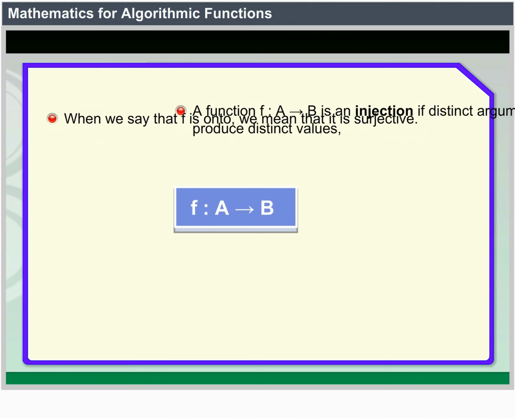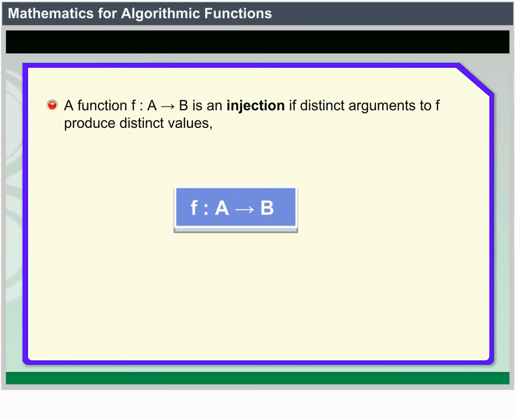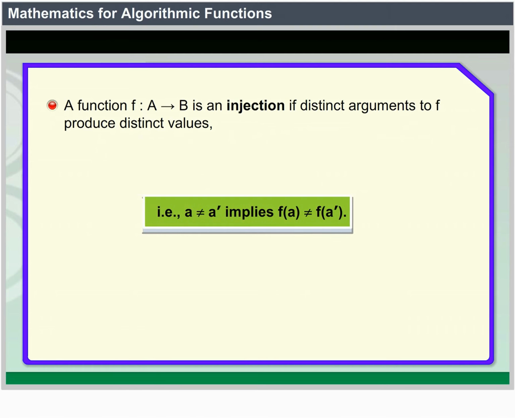A function f such that A → B is an injection if distinct arguments to f produce distinct values. That is, a ≠ a' implies f(a) ≠ f(a').